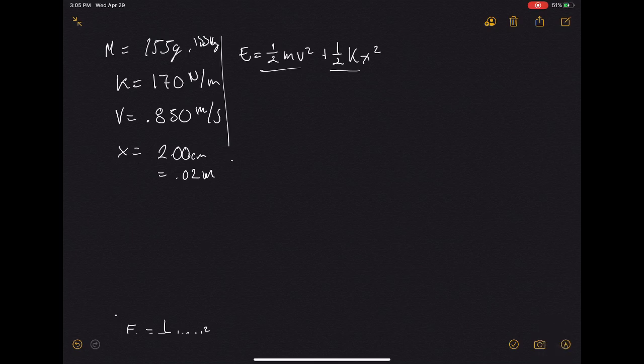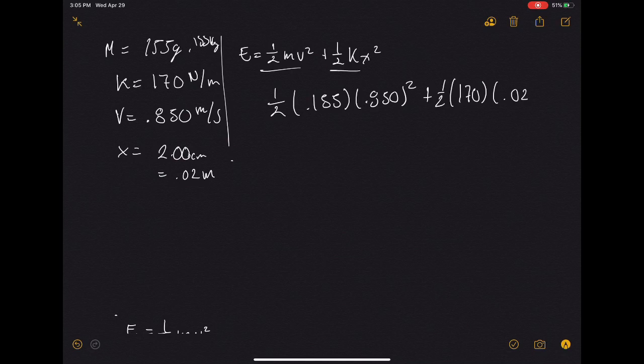So we have 1/2 times the 0.155 kilograms times the velocity squared plus the 1/2 times the k, which is 170, times the 2 centimeters in meters, so 0.02 squared, and that's going to give us the joules. 9.00 times 10 to the negative 2 joules.